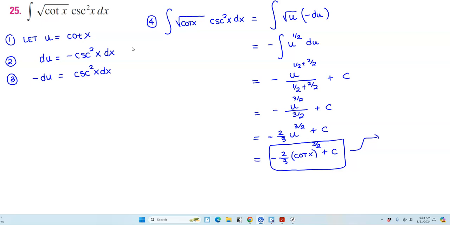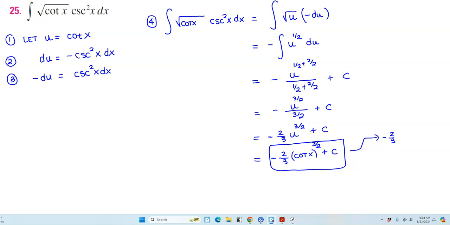Now, if I needed to write this in radical form, which isn't necessarily a requirement, I can rewrite this in another way. So it's negative 2/3.